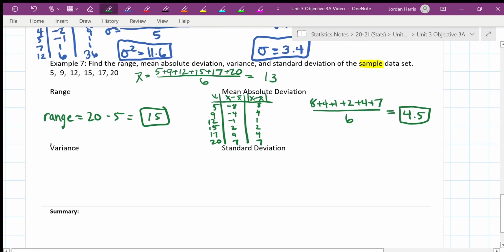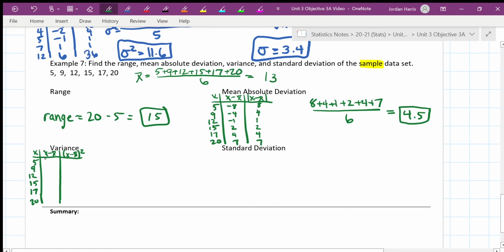Now my variance starts off exactly the same, but then I'm going to square each one. So 5, 9, 12, 15, 17, 20.